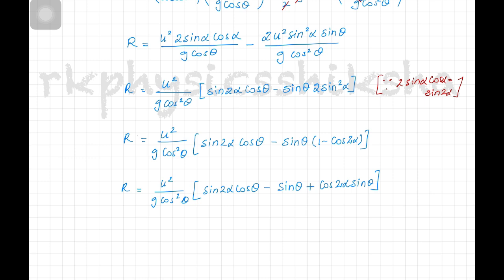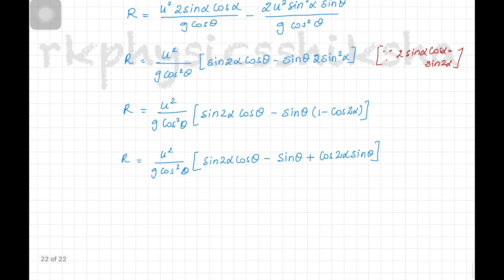See here, this relation for 2 sine square alpha, you can even write it using a trigonometric ratio. I am directly taking the relation here because again it will become lengthy.